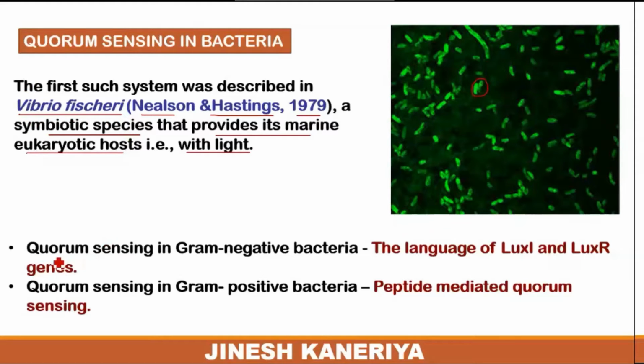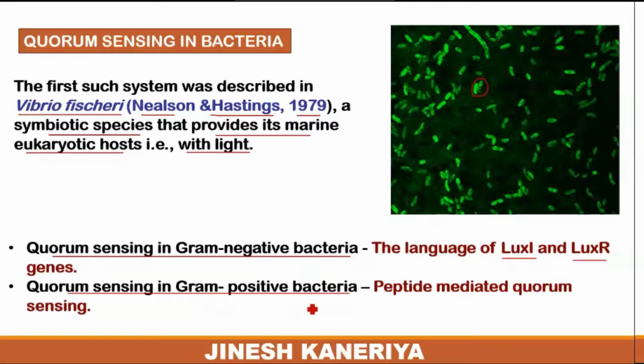So quorum sensing is carried out in gram-negative bacteria and in gram-positive bacteria. Gram-negative bacteria use two genes, LuxI and LuxR, which are responsible for the quorum sensing mechanism via gene expression.